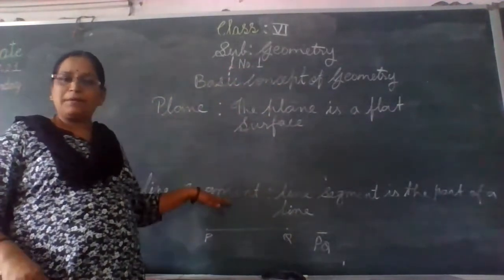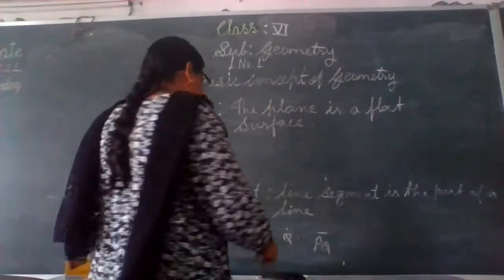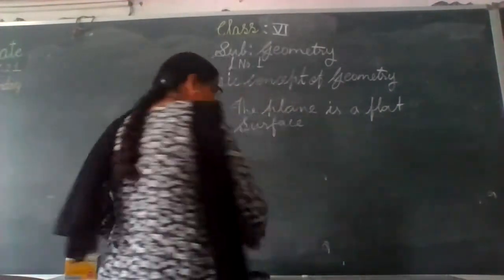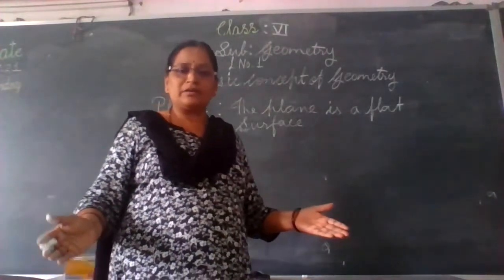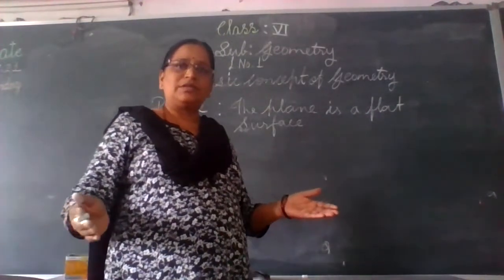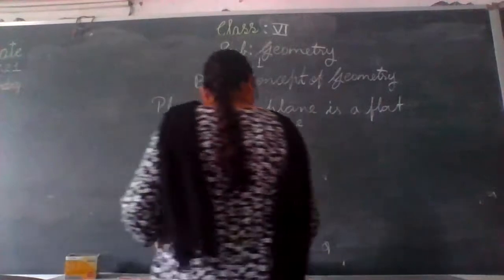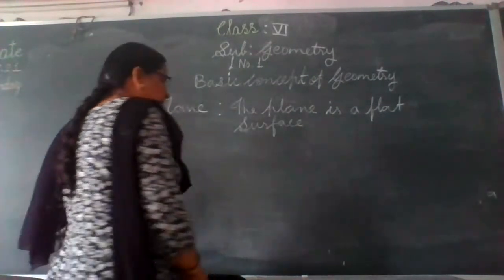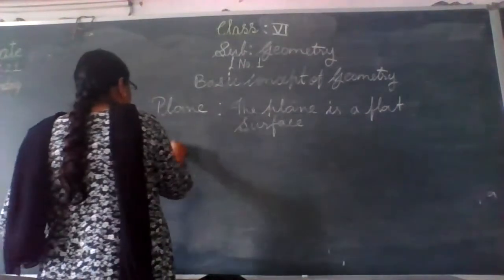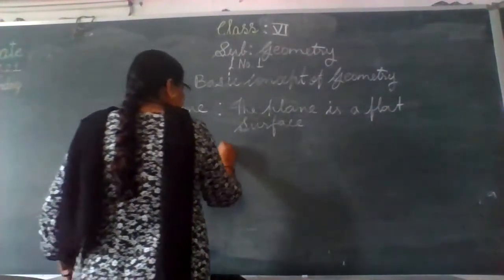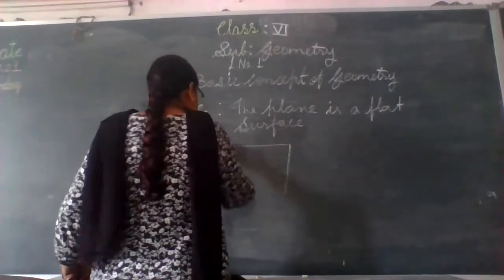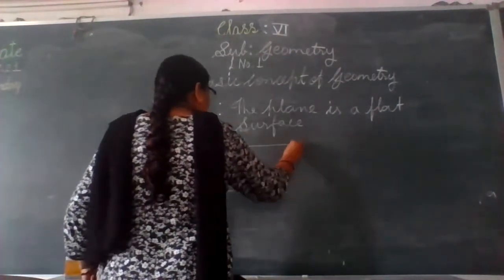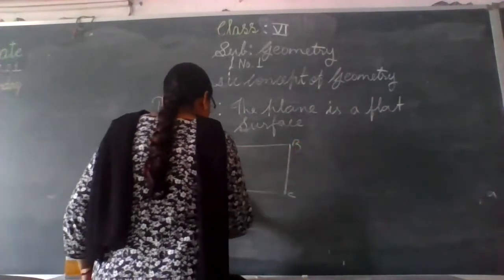So it is a plane. And also see our table top. It is a plane. So we can draw any figure on a plane. For example, see, beta, this plane ABCD.